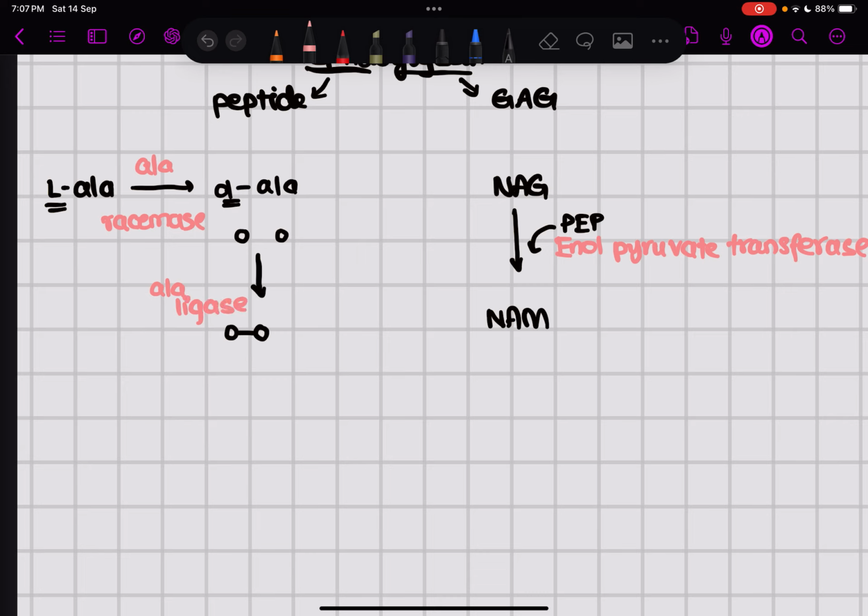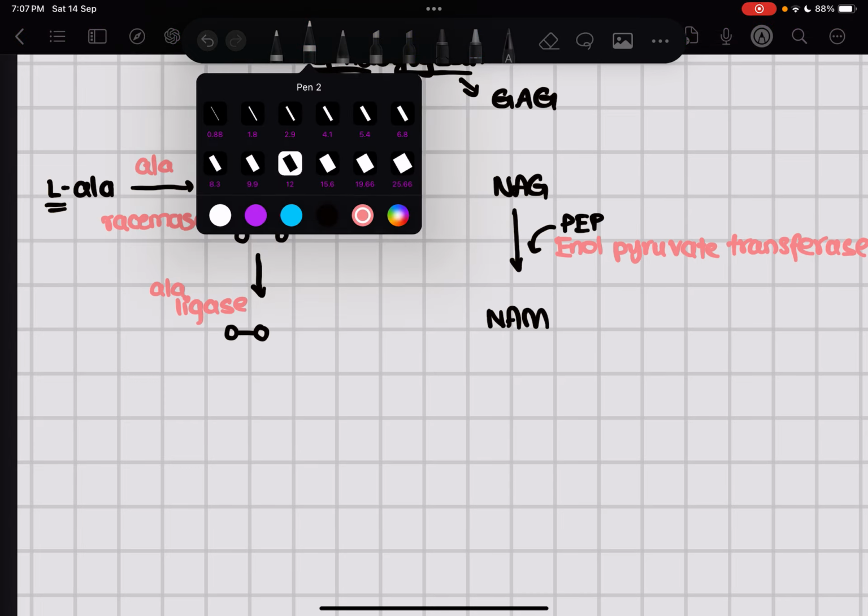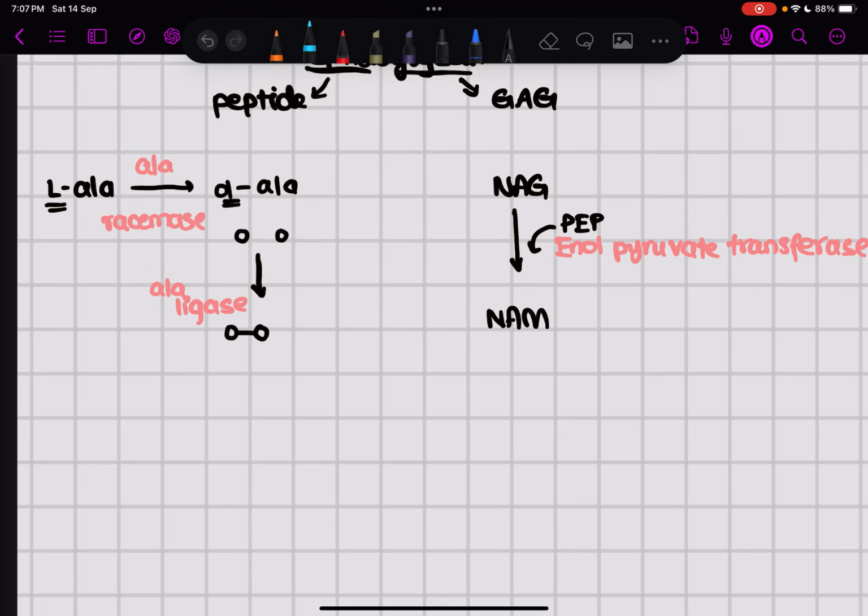Now we get a chain. Let that chain be in some kind of blue color. Okay, now you have got this NAM and this ALA ligase.